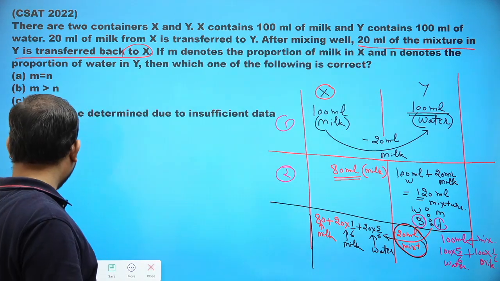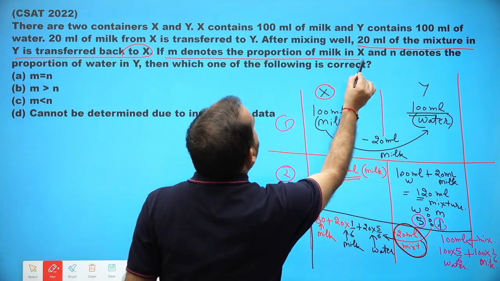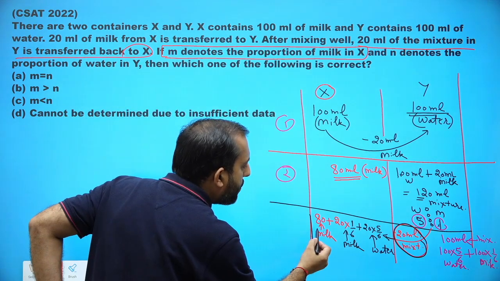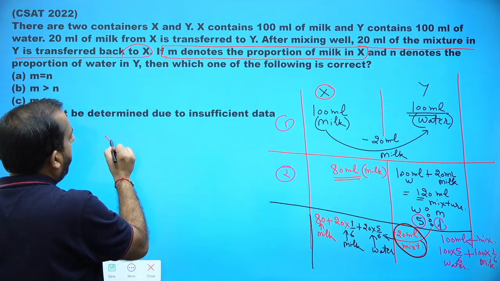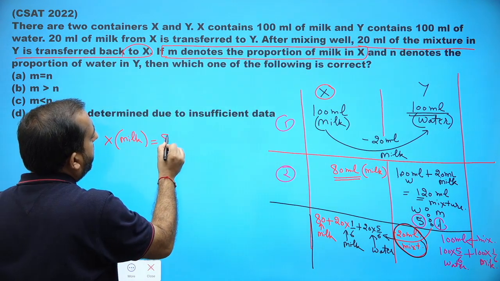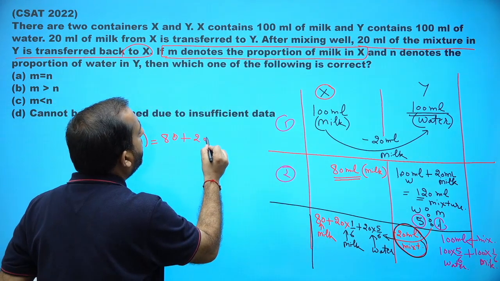Now if M denotes the proportion of milk in X, then M is 80 plus 20 into 1/6.